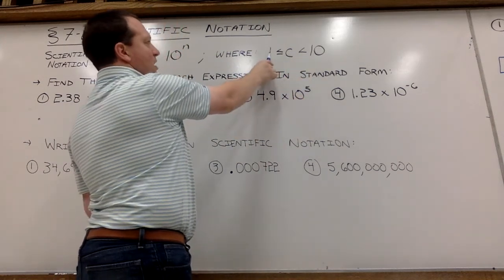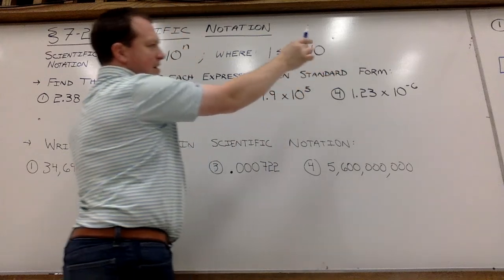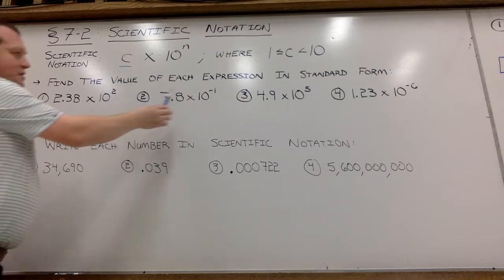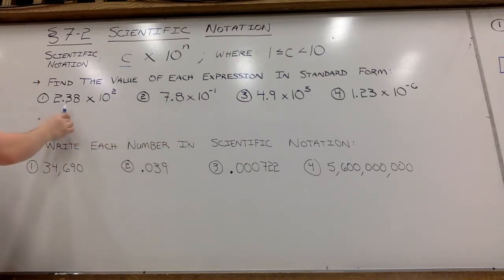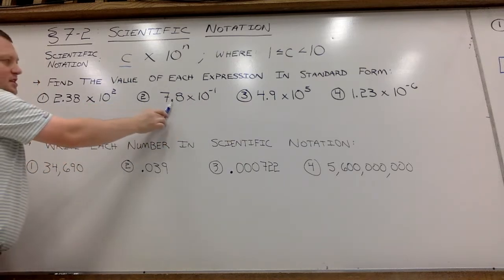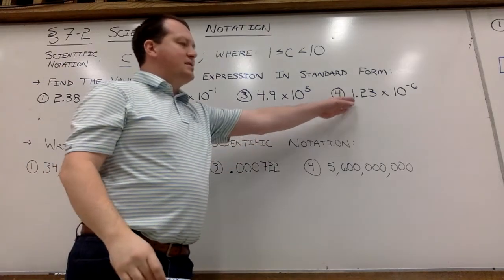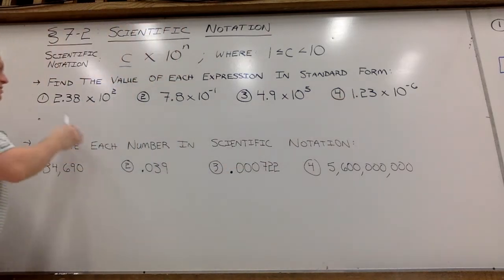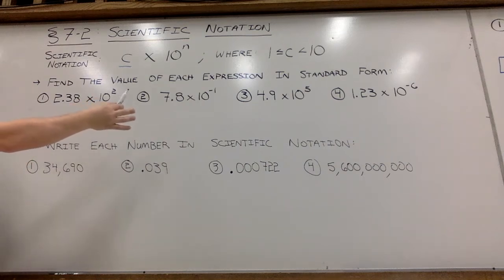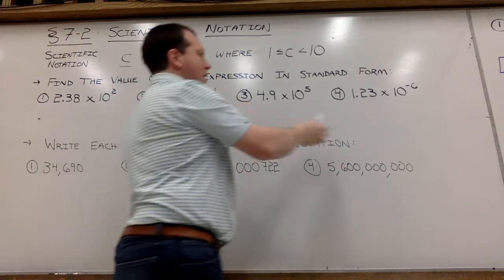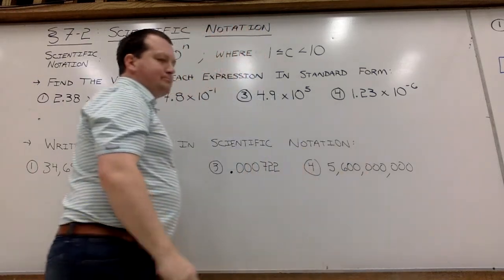So it's between 1 and 9.9999999. As you look at the first four examples here, we have a C value that is a single digit number between 1 and 9.99999: 2.38, 7.8, 4.9, and 1.23.